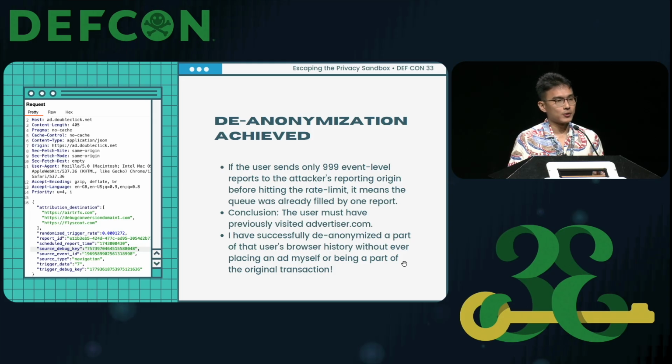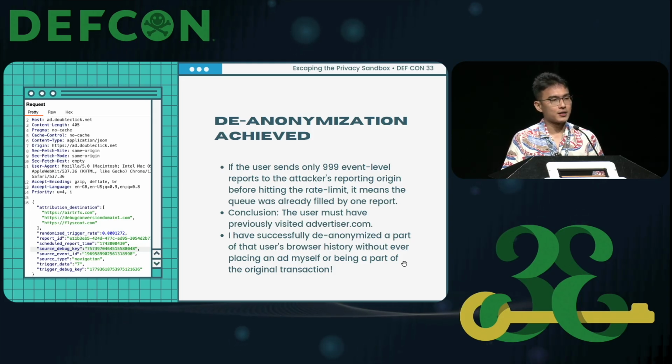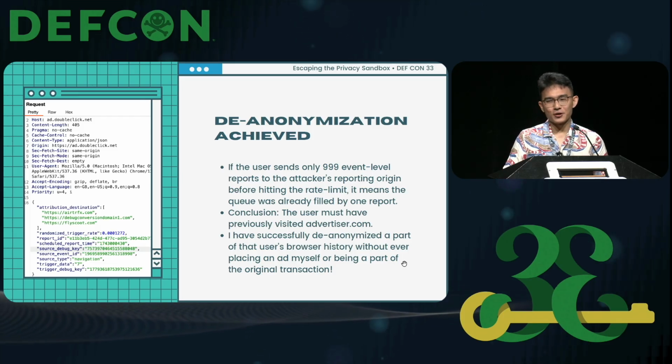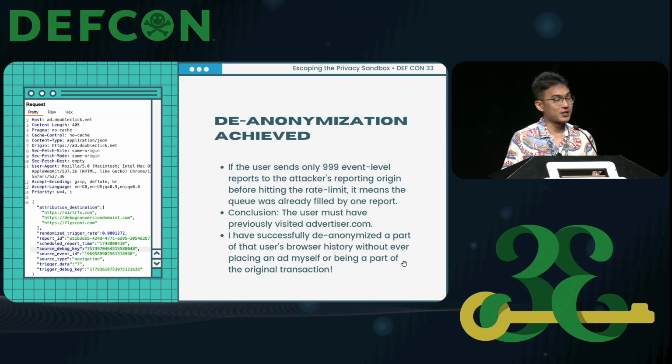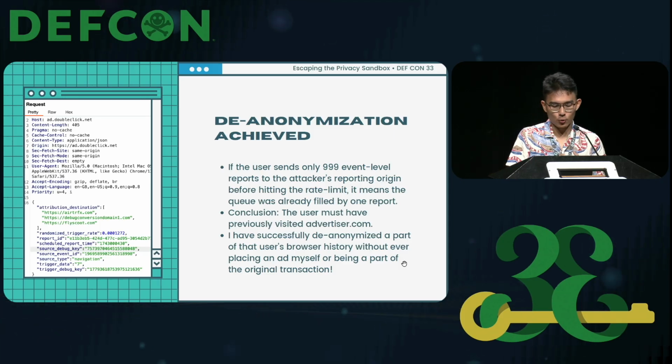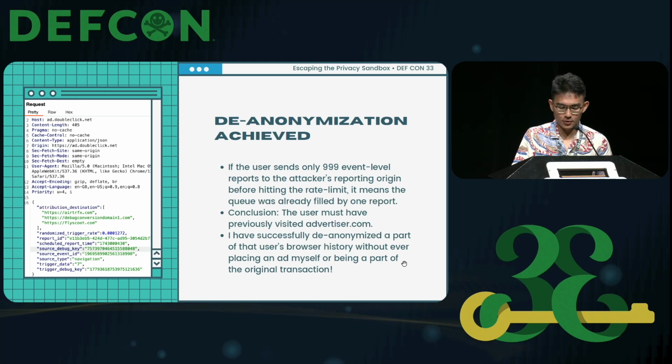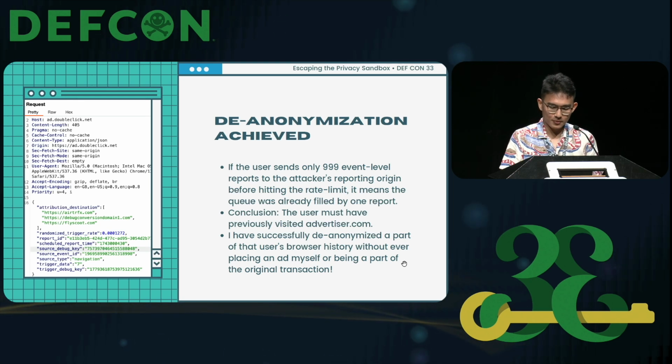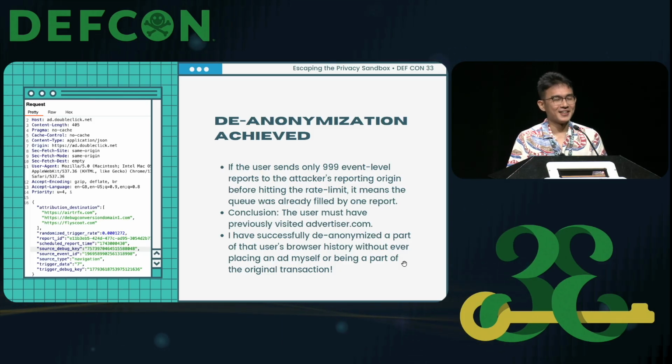So this then allows me to achieve de-anonymization, because by understanding and leveraging the DoubleClick ad network, I can figure out exactly where the user has been through a combination of filters and also this rate limit oracle. Now, again, this is pretty much the opposite of what the Privacy Sandbox is supposed to do, which is to not leak an individual's browsing history to anyone.